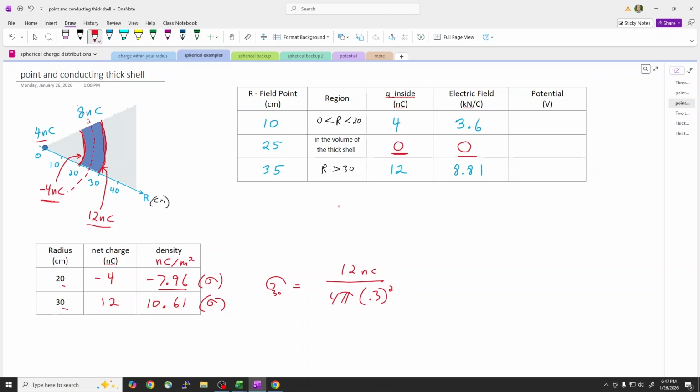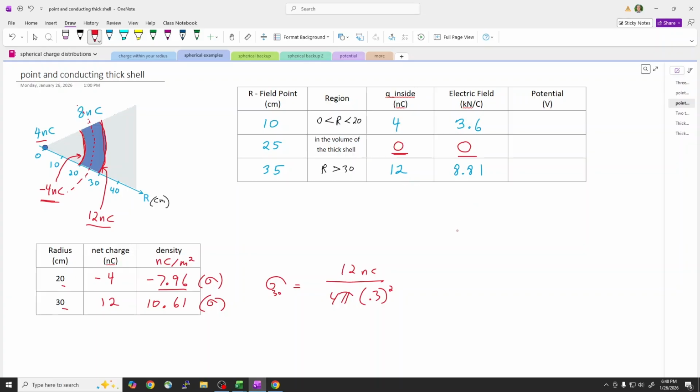Right, so the conducting problems, you start with zero electric field in the conductor, and then working from the center outward, figure out how charges end up on surfaces, such that Q inside is zero when you're in a radius that puts you in the volume of a conductor.